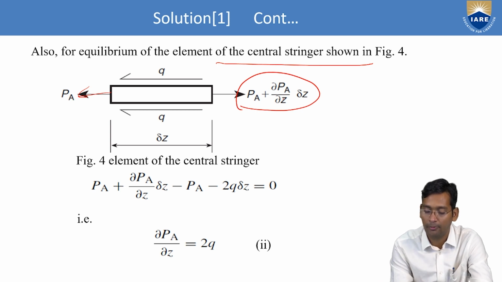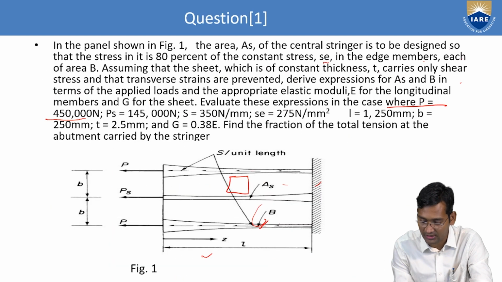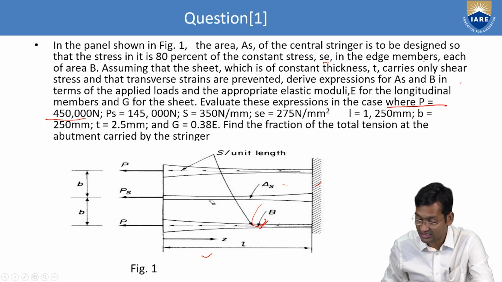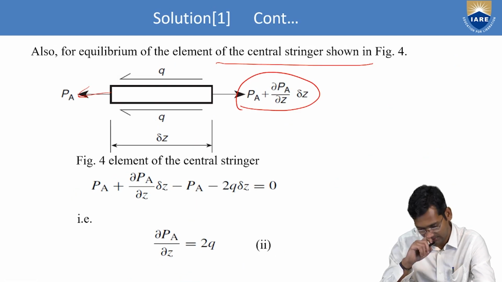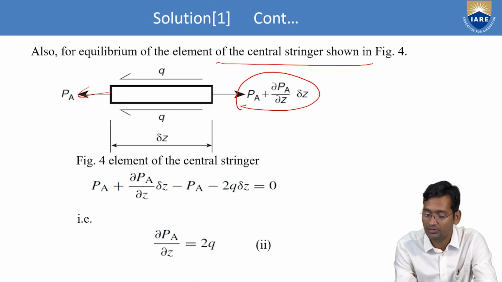So here the load S is not acting on this one. It's not given in the figure either. Here that S is there, but in this stringer S is not there. So here the S into del Z term will be missing. Right. Now again apply this as positive.